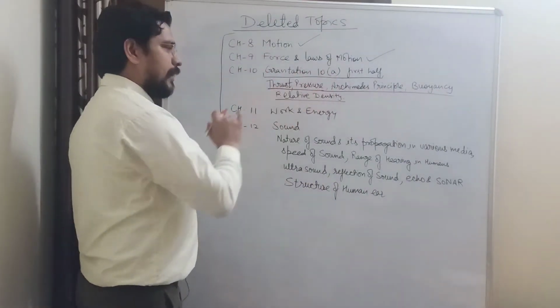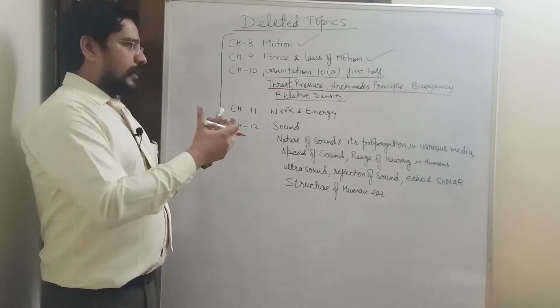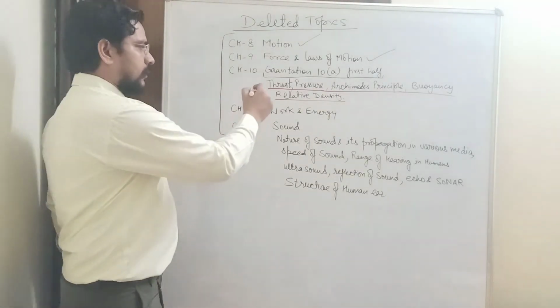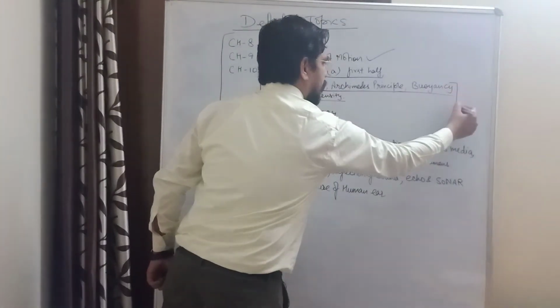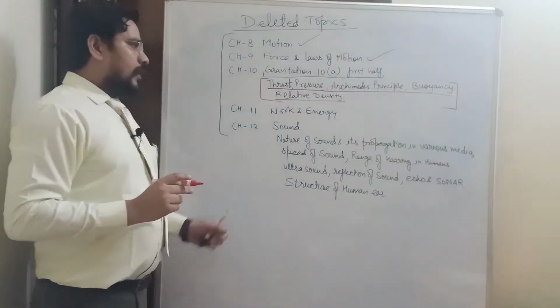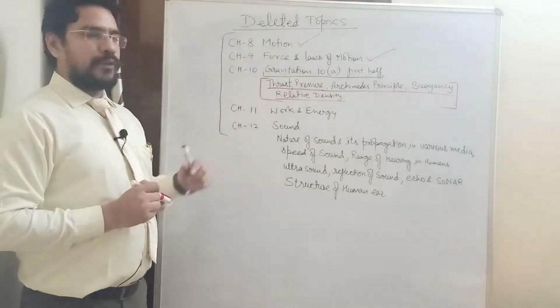This was the remaining portion of chapter 10 which I was supposed to cover in this week's lectures, but the portion I underlined and am showing you in a red parenthesis has been cut from your syllabus.